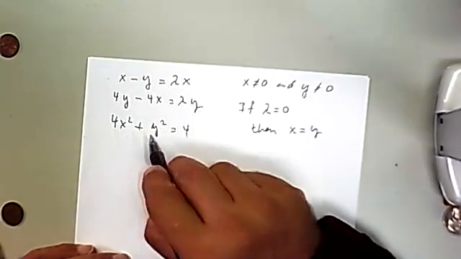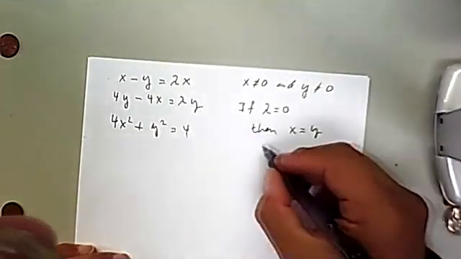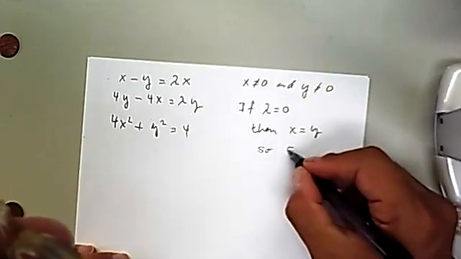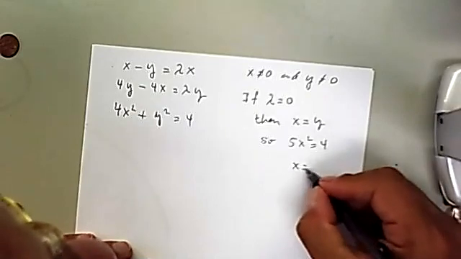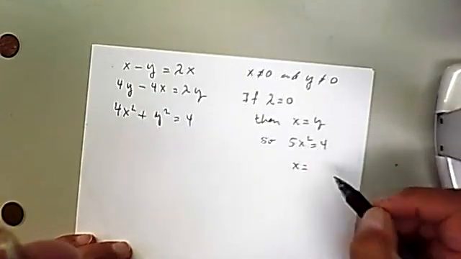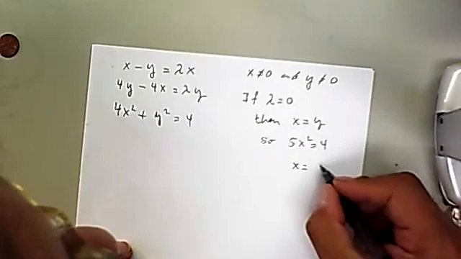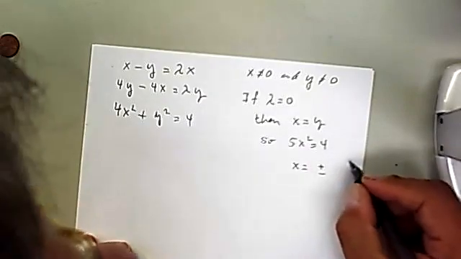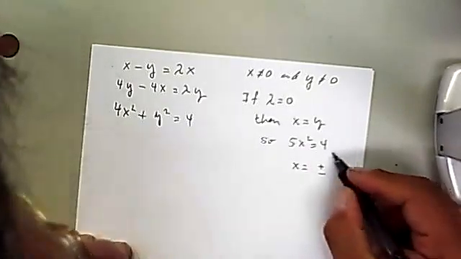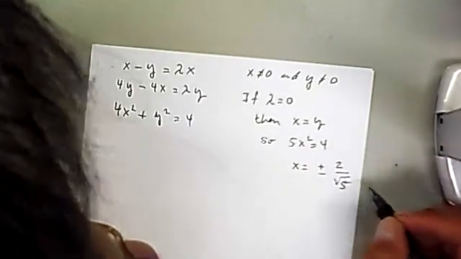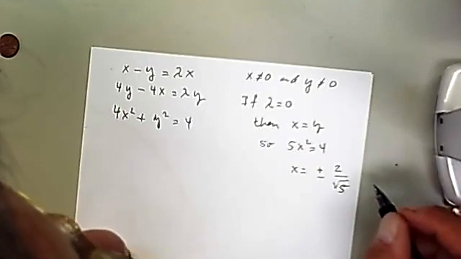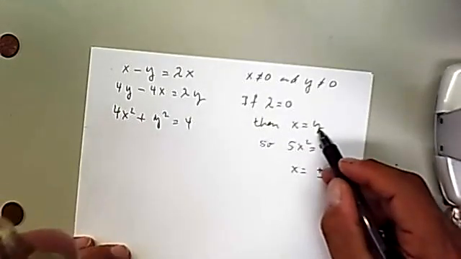So that is 5x squared equals 4, which means that x equals, if we divide by 5 and take the square root on both sides of the equation, positive negative 2 over the square root of 5. Okay. And y will be identically equal.